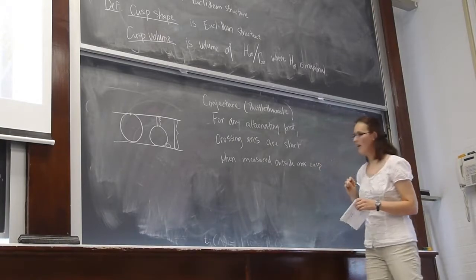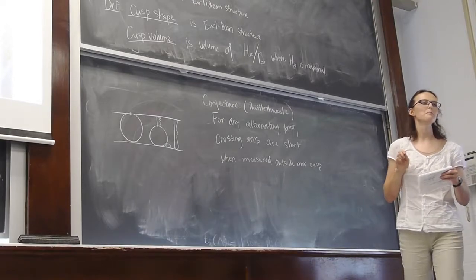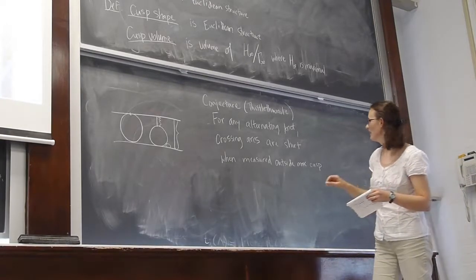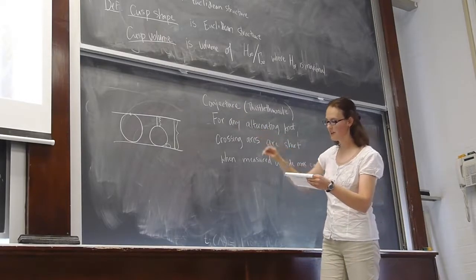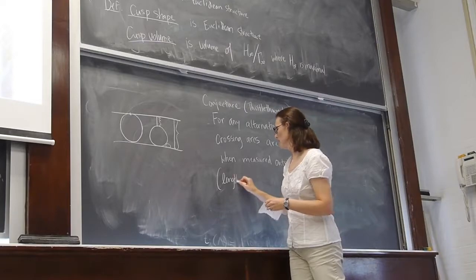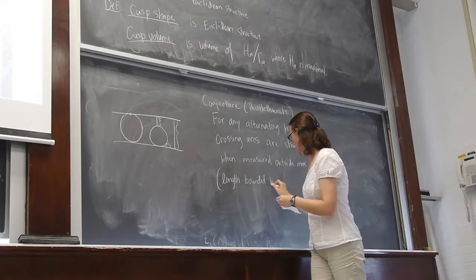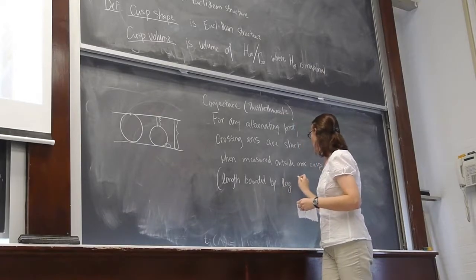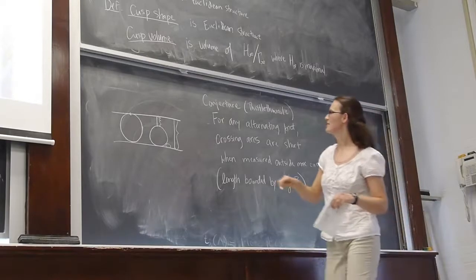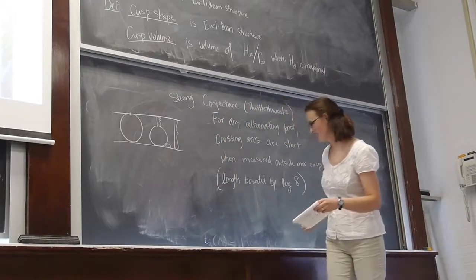I don't think he wrote this in a paper somewhere, but just in slides of talks that I've seen, the sharpest version of this conjecture that I have seen was that the length is bounded by log 8. I'm going to call this the strong Thistlethwaite conjecture.